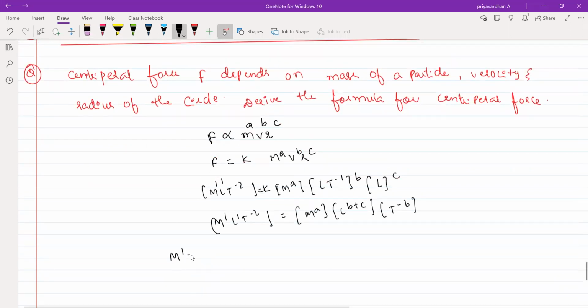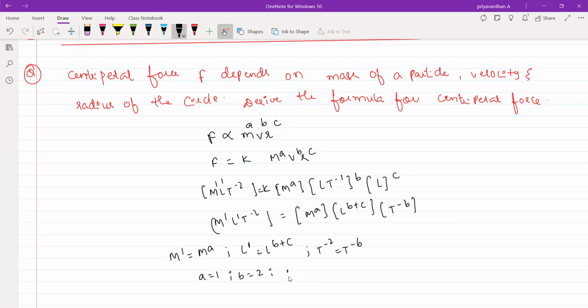You can have M power 1 equal to M power A as well as L power 1 equal to L power B plus C as well as T power minus 2 equal to T power minus B. From here, just by looking, you can say A is nothing but 1 and B value is nothing but 2, and value of C is nothing but, B plus C is nothing but 1, no? Value of this one, I'm getting minus 1. It should be minus 2, V square by R. Okay, minus 1. It's correct only.